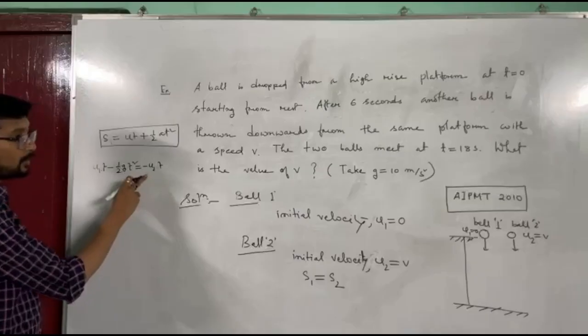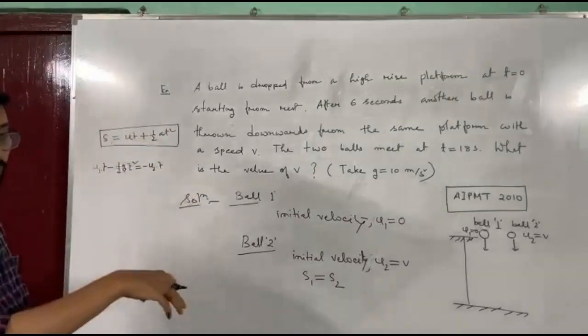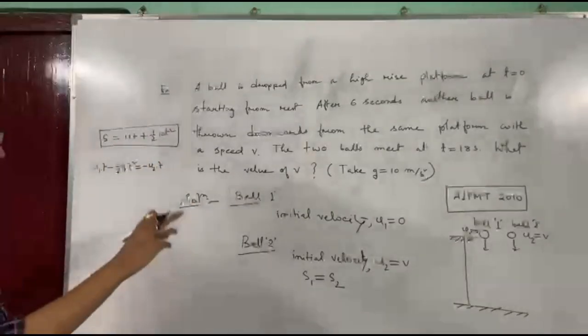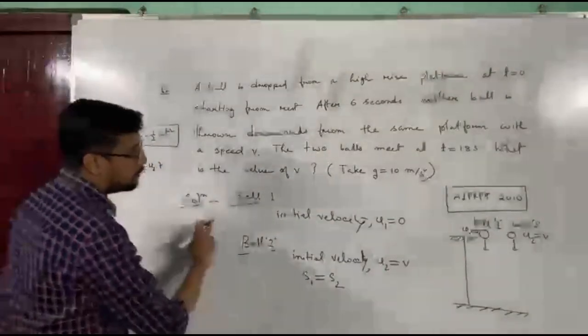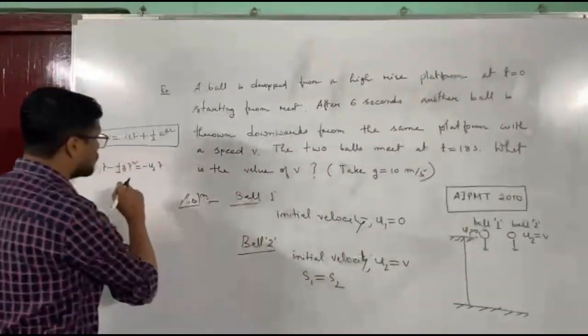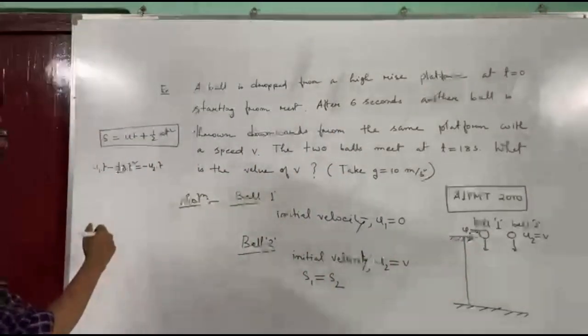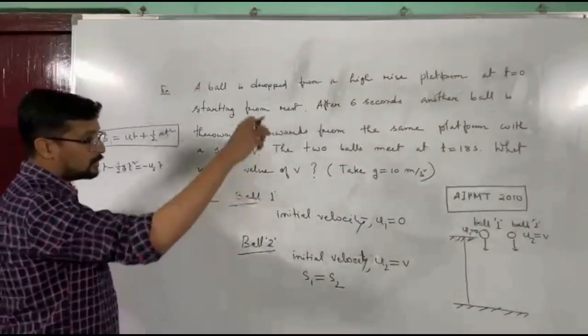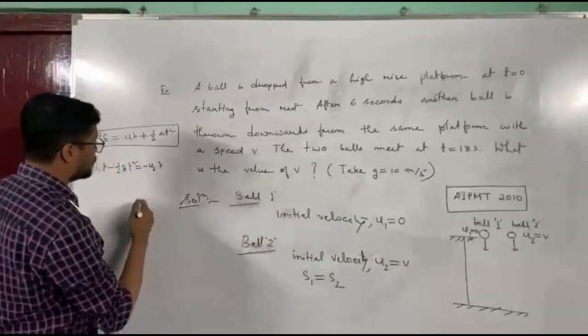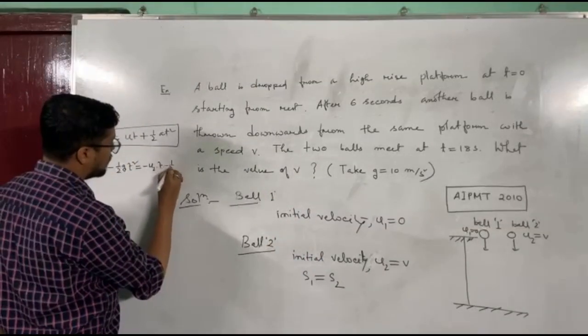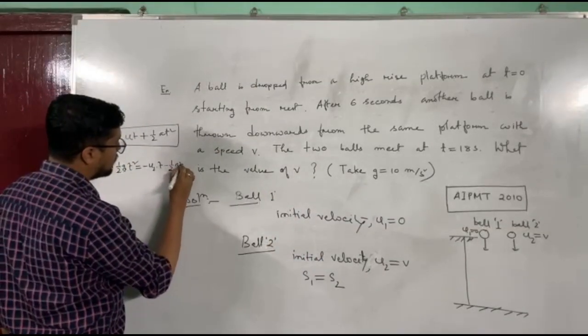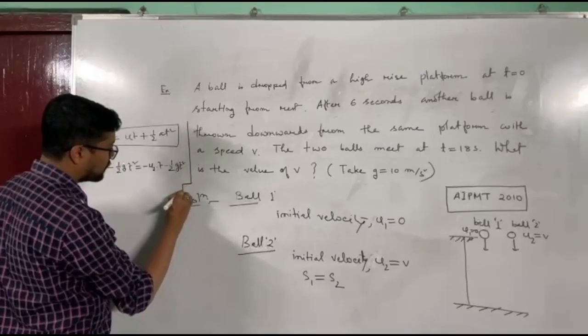This minus sign is because the second ball is thrown with velocity v, so my symbol is u2, or directly you can write v also. The minus sign is because the direction is downward.